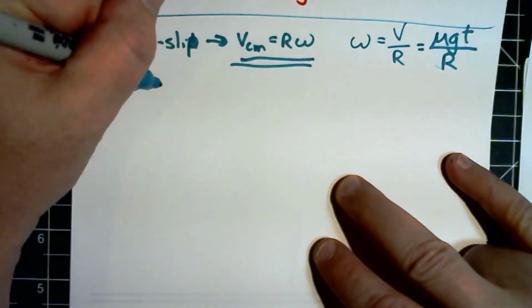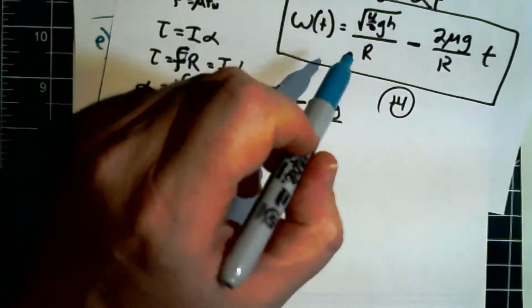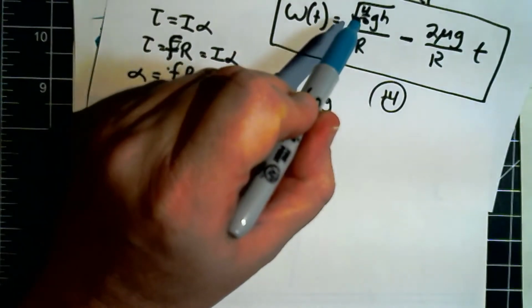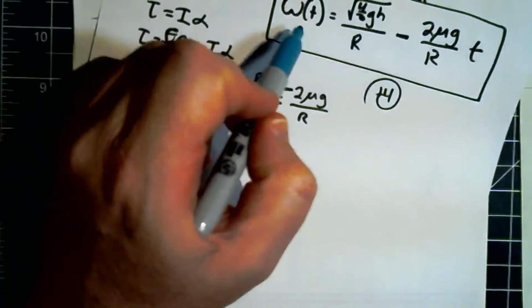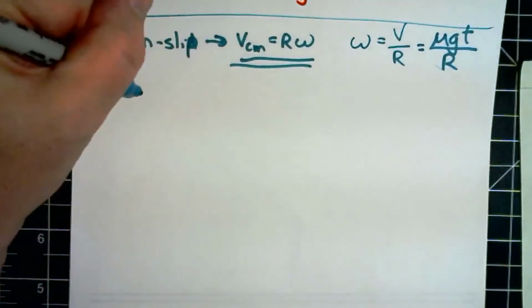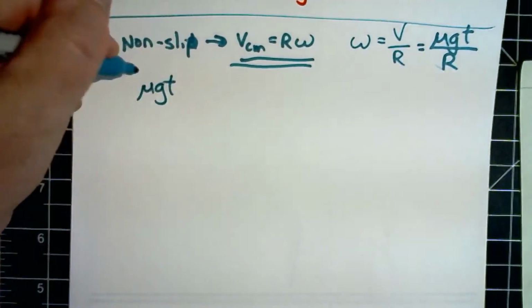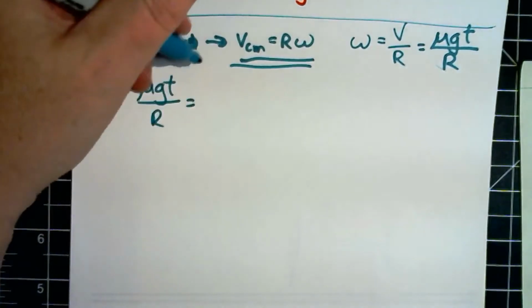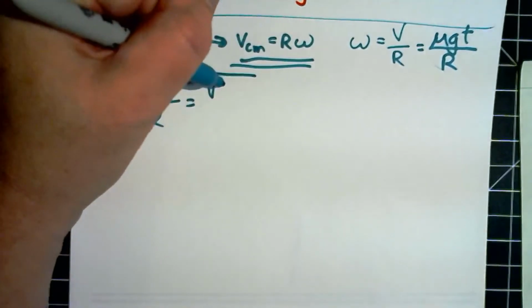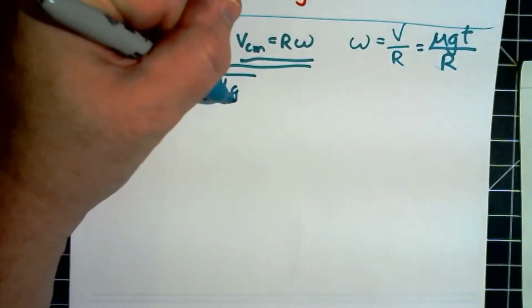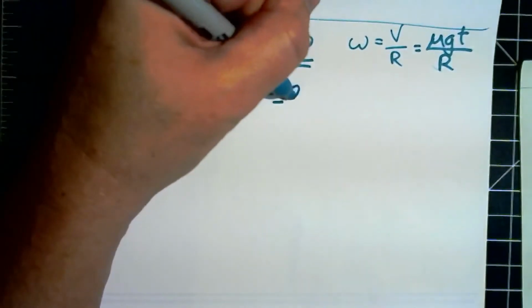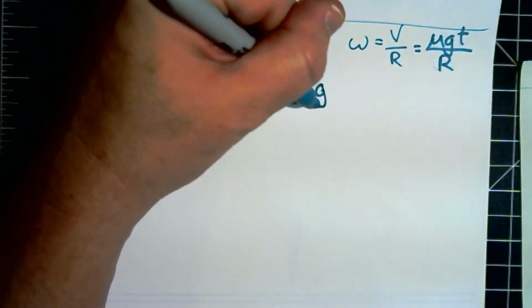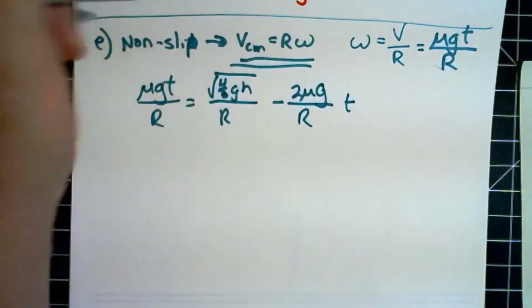So we'll have, here's our equation that we're starting with right here. Omega t is equal to the square root of 4/3 gh over r minus 2 mu g over r times time. So I'm going to set this equal to this. So we'll have mu gt over r is equal to the square root 4/3 gh over r minus 2 mu g over r times time.